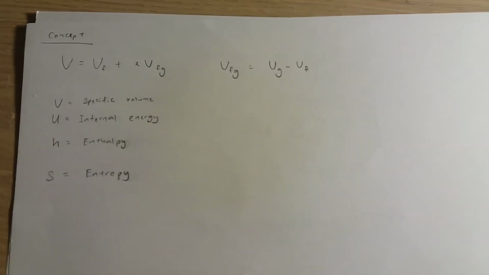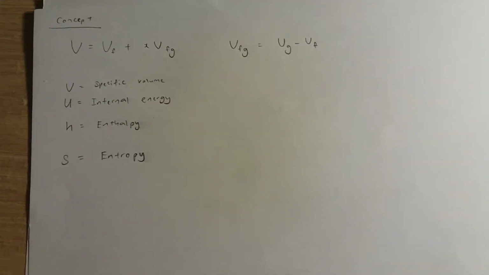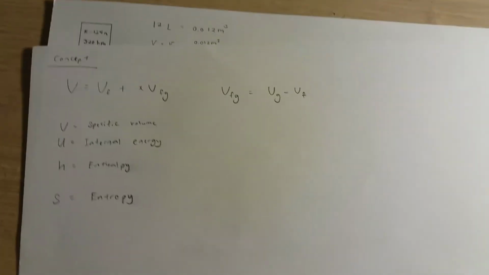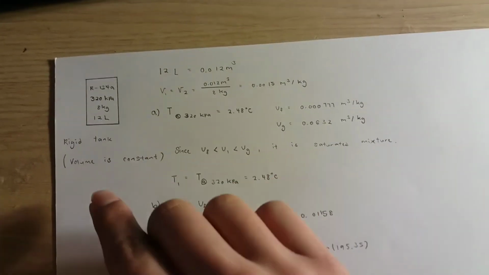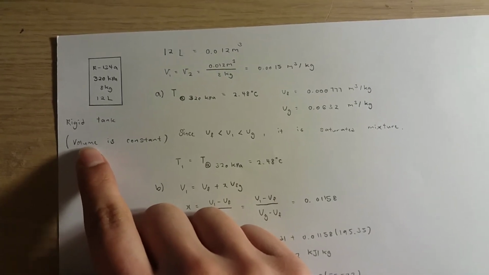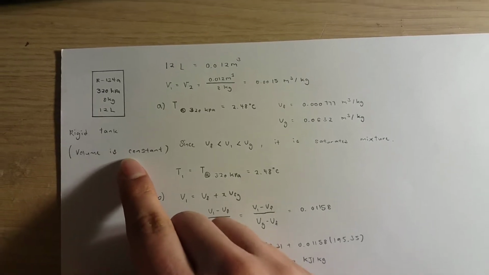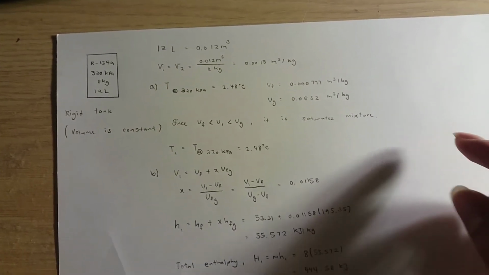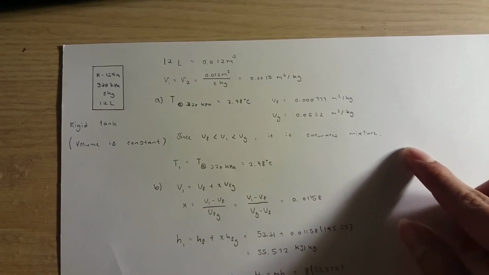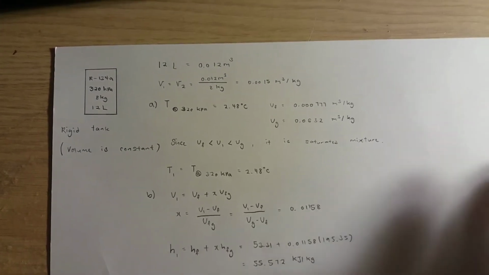So right now I'm going to show you a simple example applying this concept. So this is a problem. It's a rigid tank. Every time you see a rigid tank in most questions, you have to bear in mind that the volume is always constant. That means the initial volume and the final volume are always constant throughout this process.